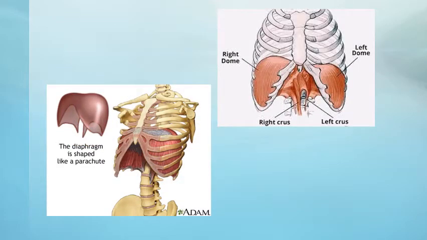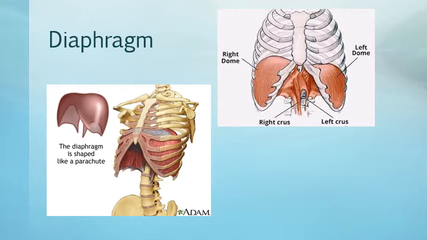And the last organ is the diaphragm. Diaphragm, a dome-shaped muscle at the bottom of the lungs. The function is to control breathing and separate the chest cavity from the abdominal cavity.